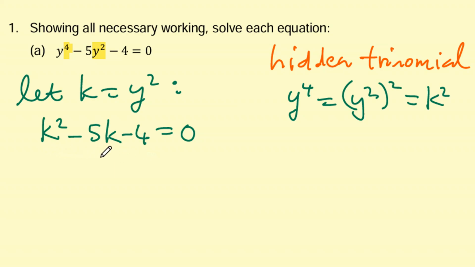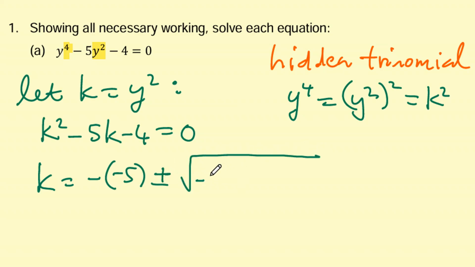We can use either factorization or the quadratic formula. However, if you try factorization, you'll see that it won't work here. So we're going to use the quadratic formula. So k is equal to negative b plus or minus the square root of b squared minus 4 times a times c.